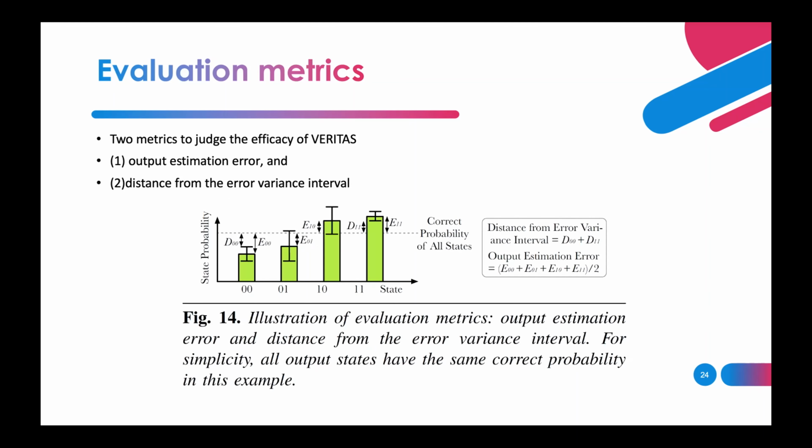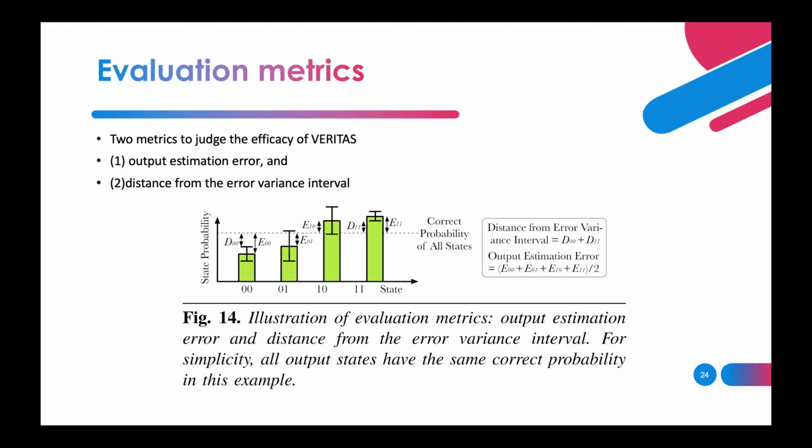There are two metrics to judge the efficiency of the approach that the authors proposed. One was based on output estimation of a known algorithm, like for example the BV algorithm, where you know what you should get at the end.